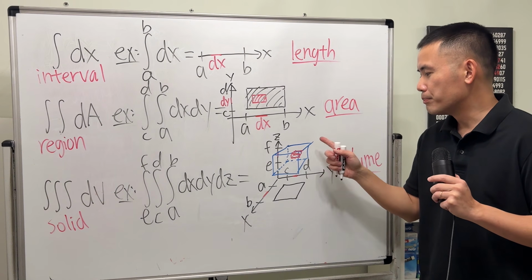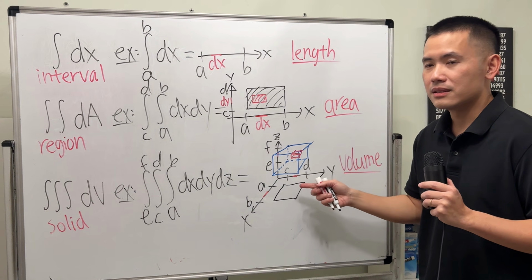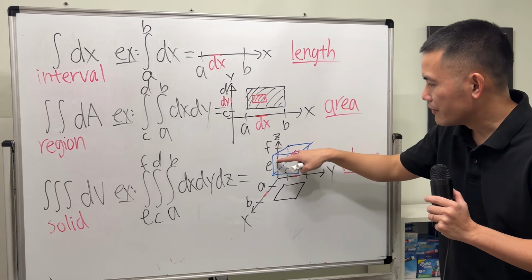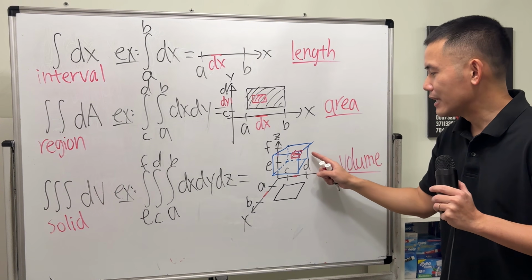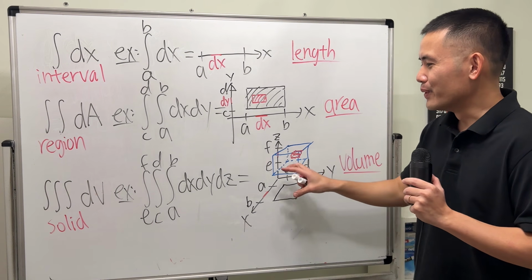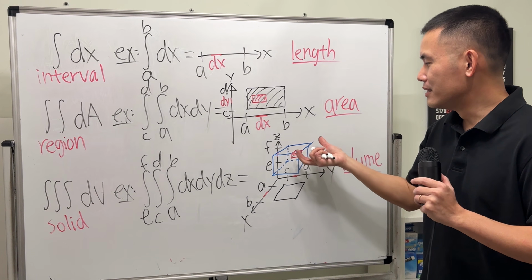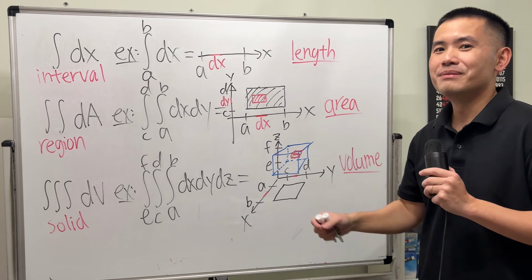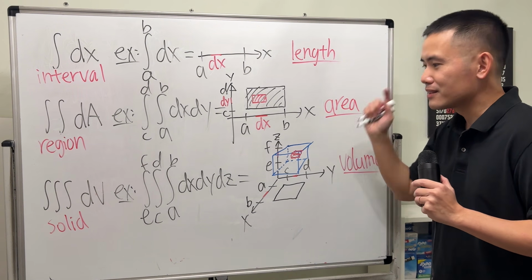Just imagine this blue box here. Density might not be the same throughout the box, right? Maybe this corner is heavier because it's made of gold, and this little corner is much lighter because it's made of plastic or something like that. And then if you integrate all that, you're just going to find out how much this box actually weighs, because you have the volume times the different densities throughout the box.